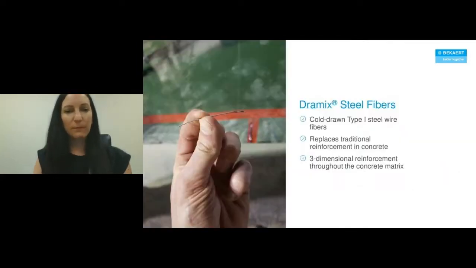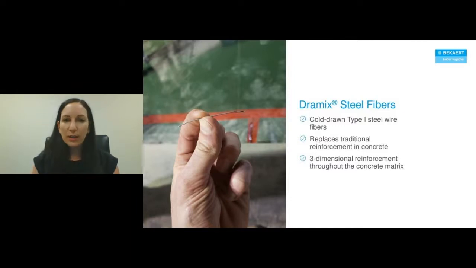So let's start. What are these Geramic steel fibers? So first of all, these are a cold drawn steel, and it's what's known as a type 1 steel fiber. For those of you who maybe aren't as familiar with fiber reinforcing, there's a categorization. It's ASTM A820, which groups fibers from type 1 to type 5.